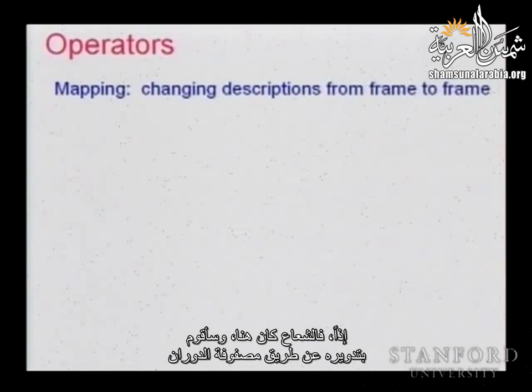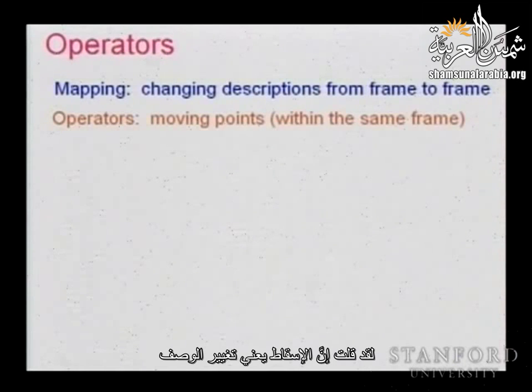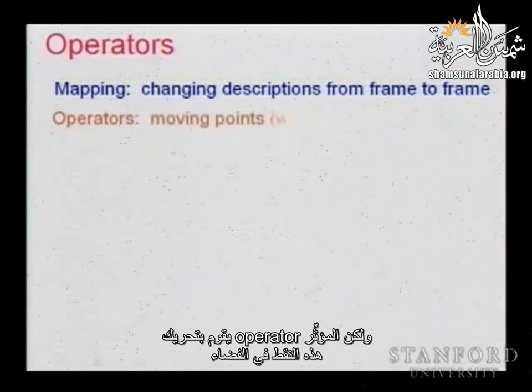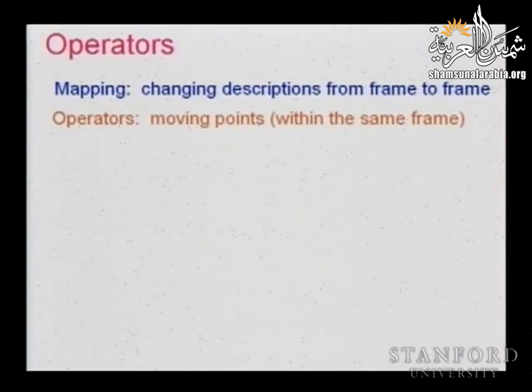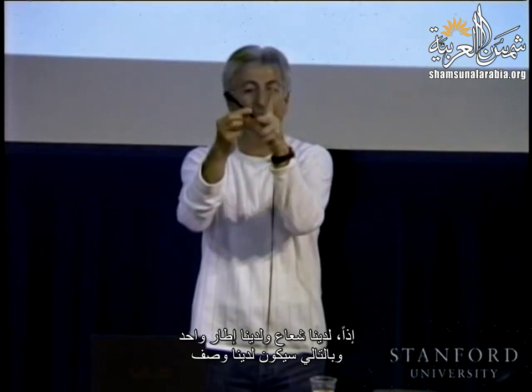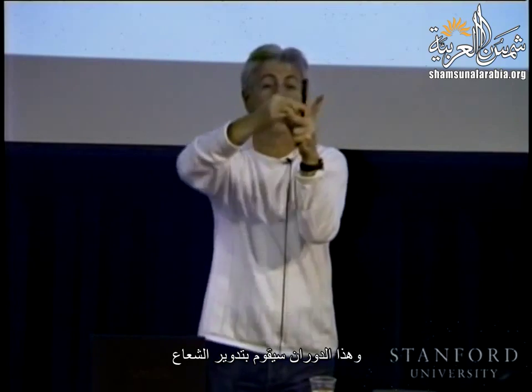So the vector was here. I'm going to rotate it by the rotation matrix. So I said the mapping is changing descriptions. Okay? An operator is moving those points in space. Well, that could be useful. So you have a vector, you have one frame, you have a description. Another frame, you have a description. Now what I'm going to do is a rotation, and this rotation will rotate the vector.